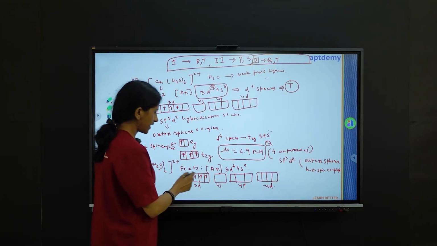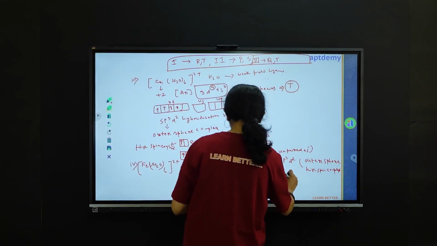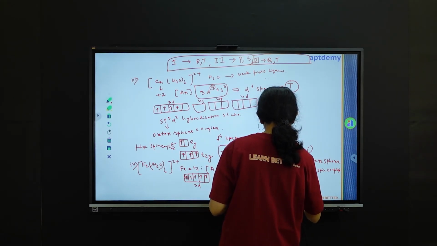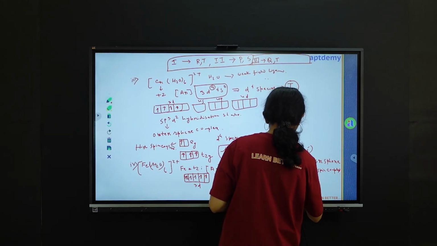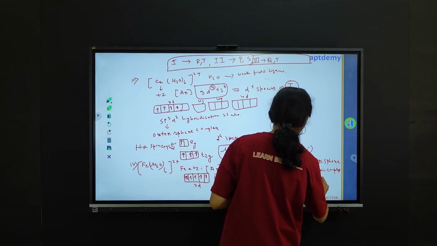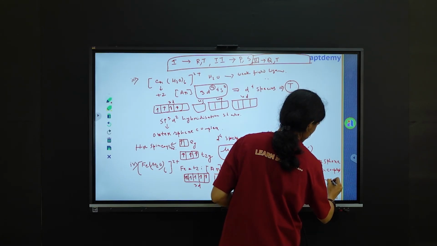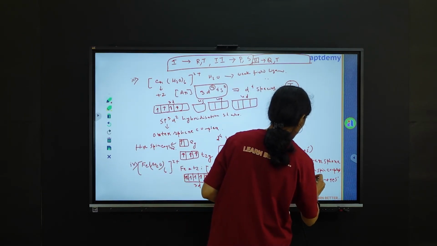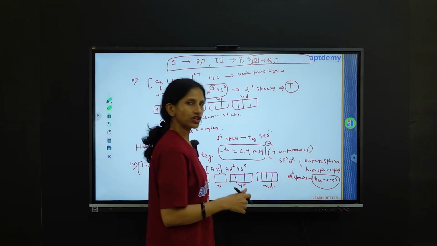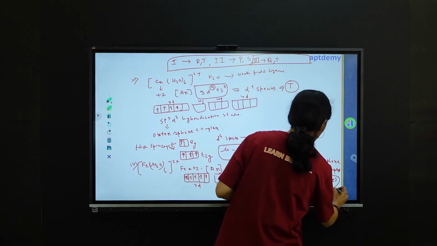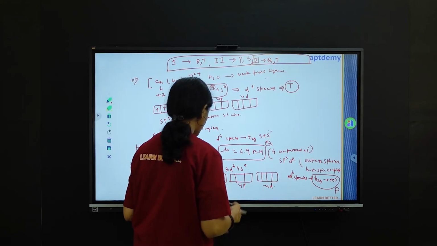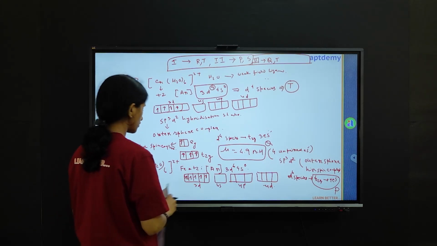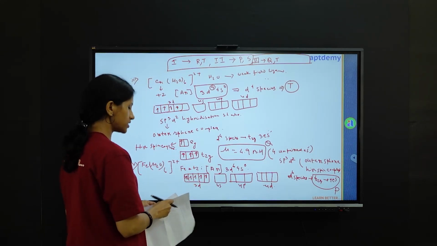So from here you can see that it is a d6 species, because t2g contains four electrons. Because t2g contains 4 electrons, it is matching the property which is given in P, right? So our first matching is for P, and now we will draw the eg and t2g orbitals here.